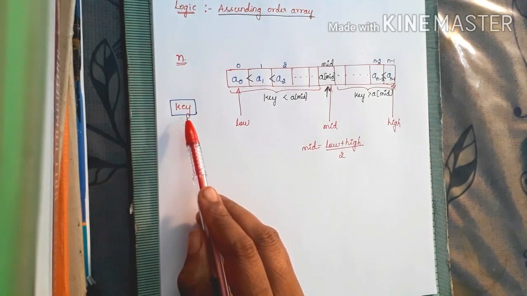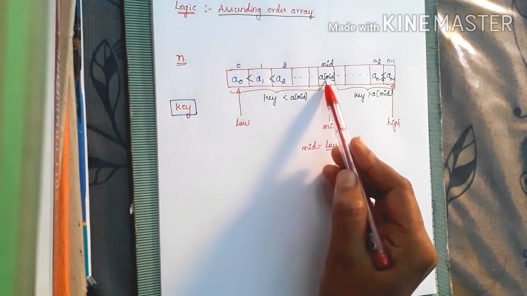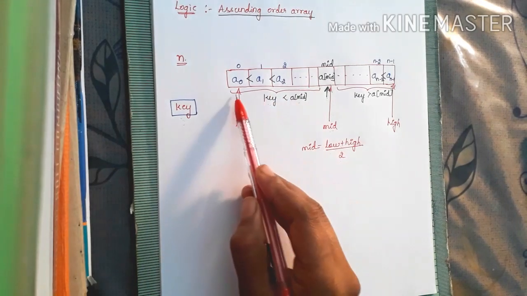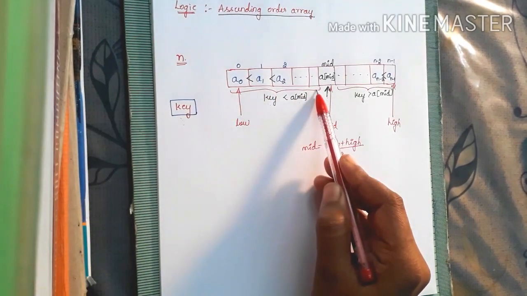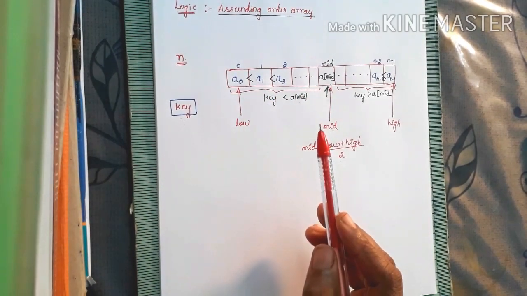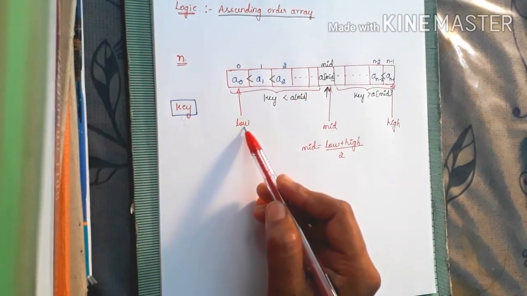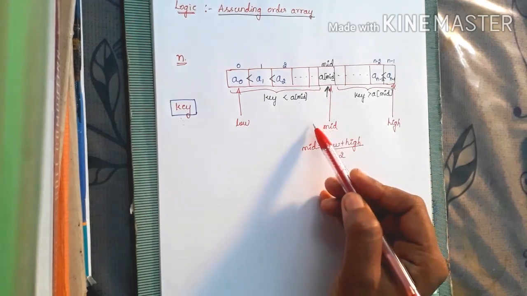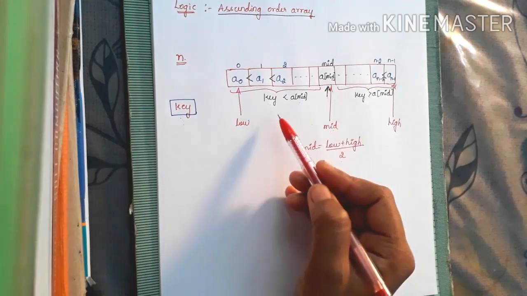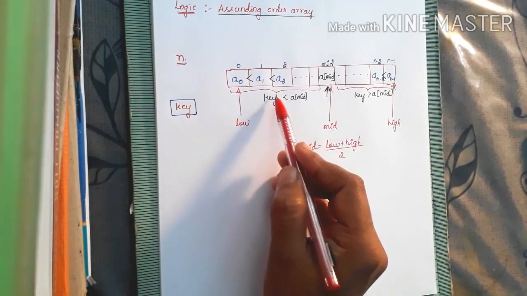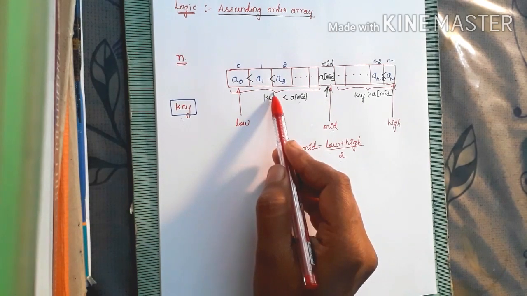In case the key element is less than E of mid, we need to search the first half of the array. In that case we need to consider the position of the first element and the position of the last element to apply the binary search technique again to this first half of the array.